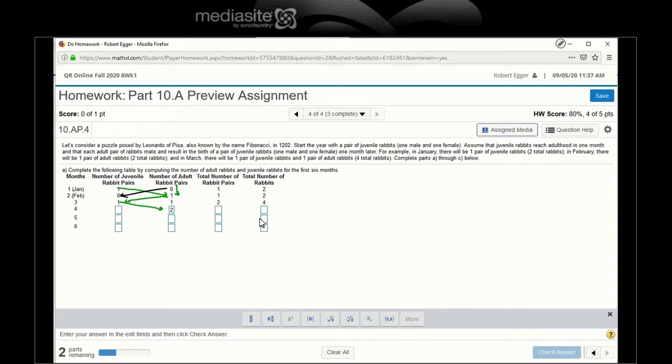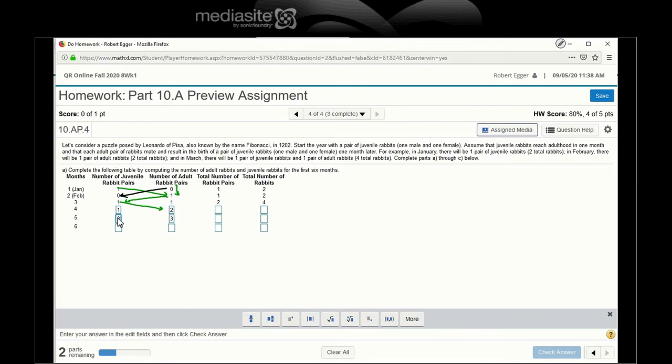And since I have 1 adult here, that should then give me, for next month, 1 pair of juveniles. Okay. All right, so next month, these juveniles grow up to be adults. So these juveniles become adults, and this month's worth of adults, we now have 3 adults. These 2 adult pairs will then provide 2 juvenile pairs.